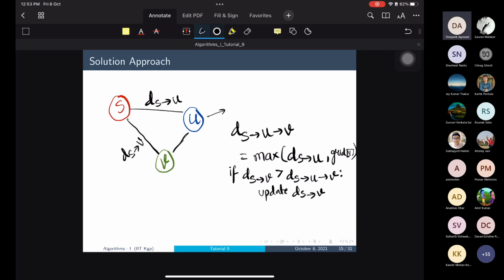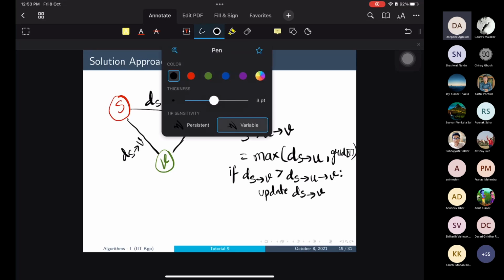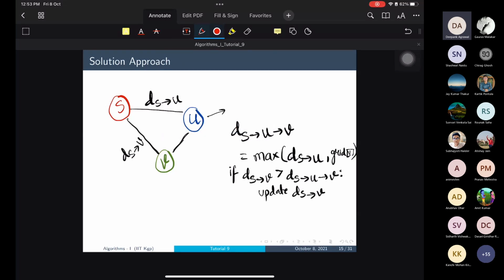And one more thing, since we were also asked about the path, we all know that to get back the path we need to store the parent. So we can also store the parent of v as u. Is the solution approach clear?